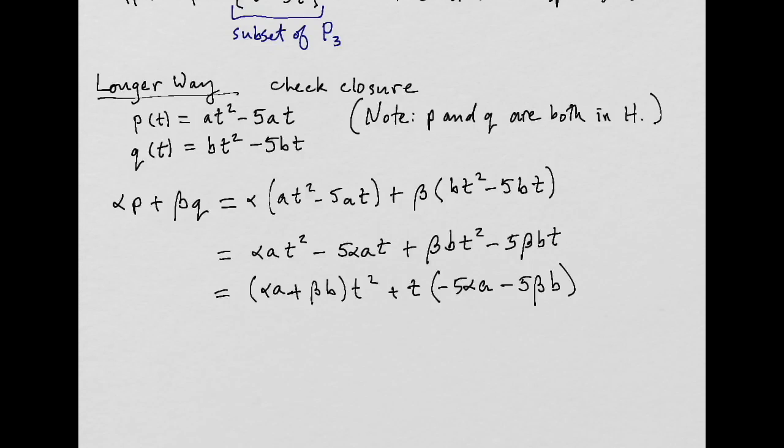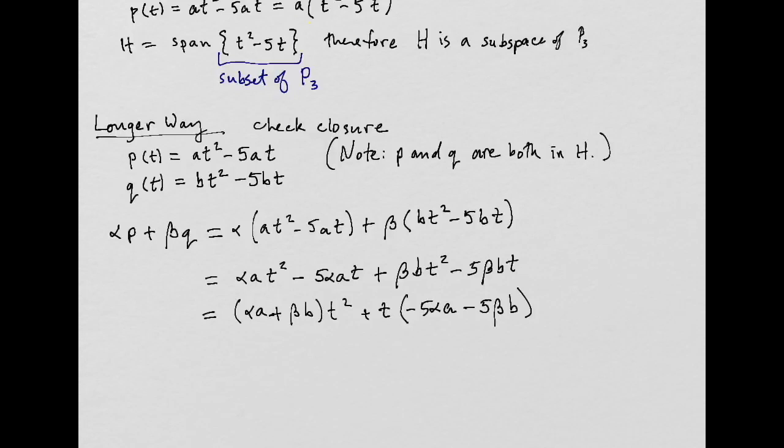And then, actually, let's factor out a 5 as well out of the second term. So we'll just copy the first term the way it is, and then we'll say minus 5, now we've got alpha a plus beta b, times t.